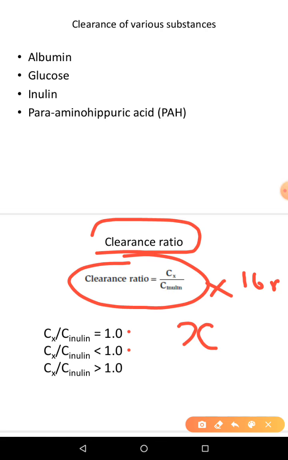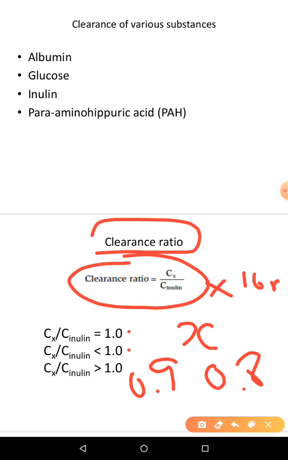What about if you find that this substance is less than 1? Maybe we can say less than 1, like 0.9, which is 90%. It can be 0.8. It means the clearance of X is lower than the clearance of inulin. So either this substance is not filtered, or it is filtered and subsequently reabsorbed.